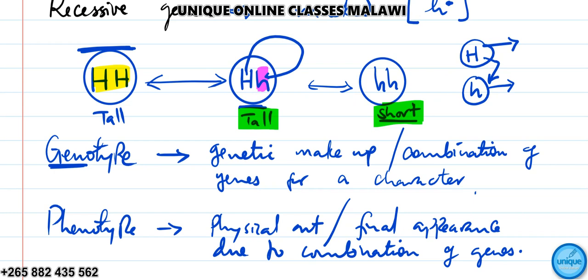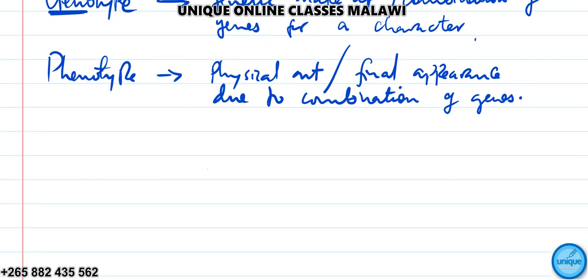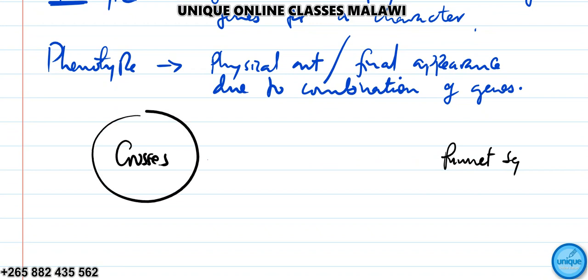To understand how characters are transferred from parents to offspring, in biology we use genetic diagrams, and we have 2 of them. We can either use crosses and sometimes we can use punnet square. So ndiambe ndikupanga cross diagram to show how heredity occurs.